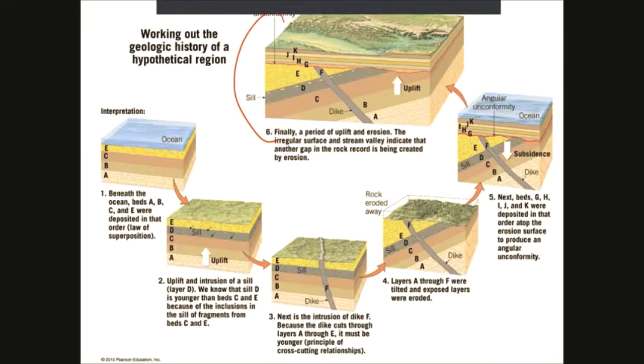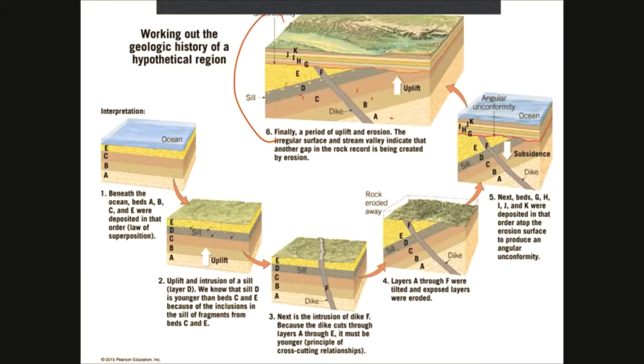Right? So what's first? Well, superposition tells us the oldest rocks are the deepest rocks. So that's A. Then the next youngest on top of it, B. And then C. And why not D? Why does it skip D but go to E? Well, if you see, D has pieces of E and C in it.